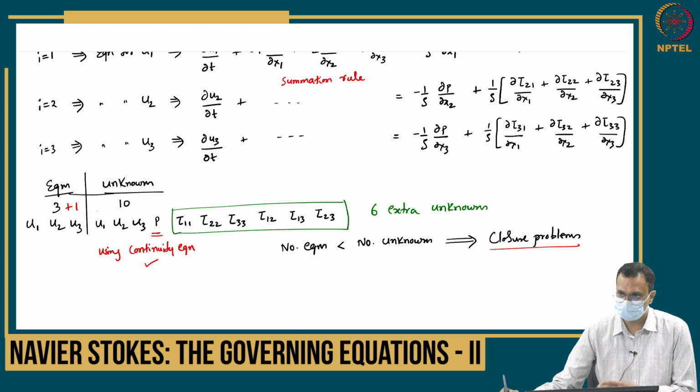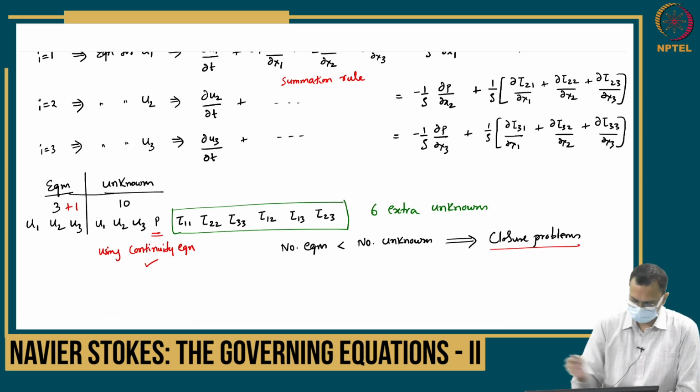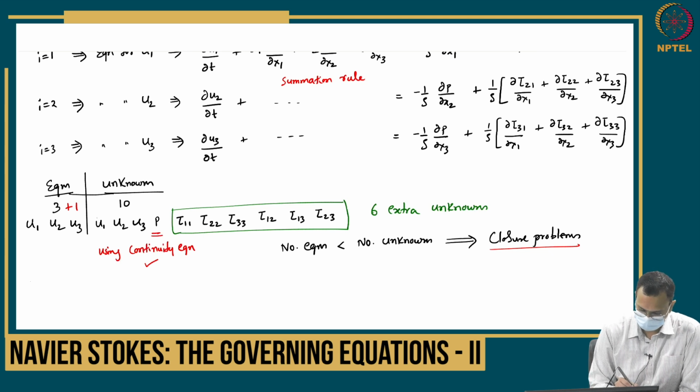This model, is it universal? Can it be used for any type of fluid? Exactly. So you have already been introduced to a model, right? So a model is required to close the equations.